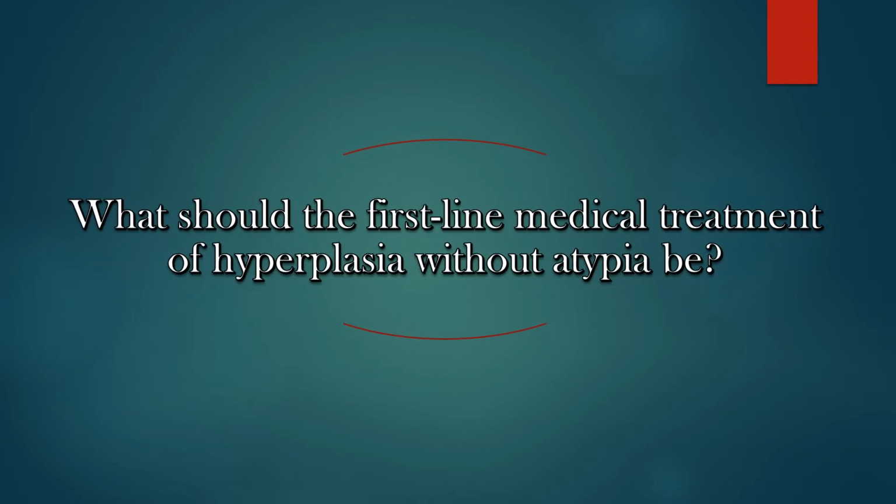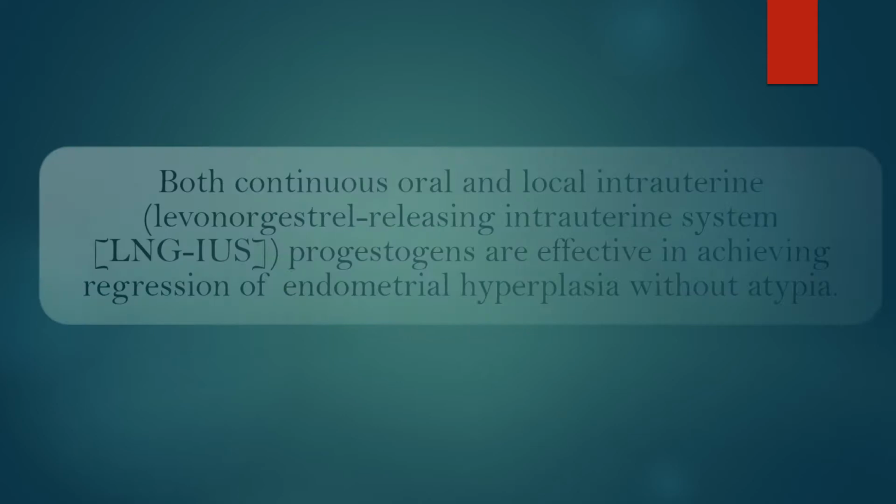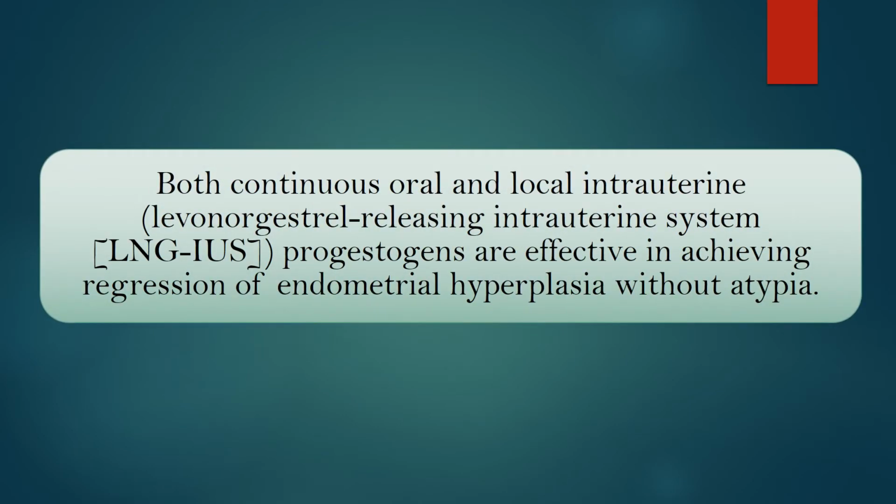What should the first-line medical treatment of hyperplasia without atypia be? Both continuous oral and local intrauterine or levonorgestrel releasing intrauterine system, or LNG-IUS, progestogens are effective in achieving regression of endometrial hyperplasia without atypia.